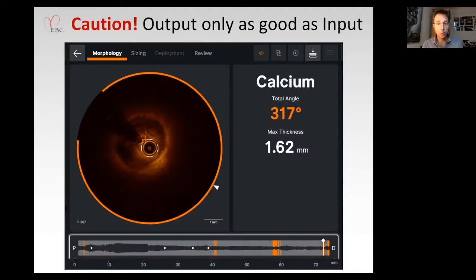And if I overrule that, again, a human intervention, then actually we start to see recognition inappropriately of calcium to a point where, had we been led by the machine, we may take more advanced adjuncts such as IVL here to fracture what's said to be a 317-degree arc of calcium, where in fact there's no calcium at all. So we must be sure that we react to an output that is from a good quality input.